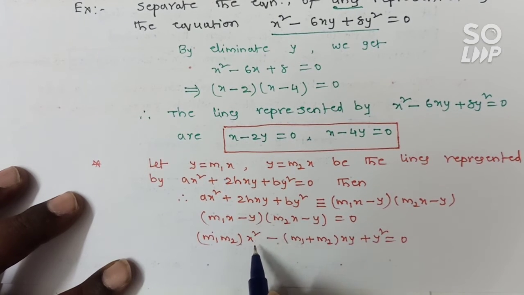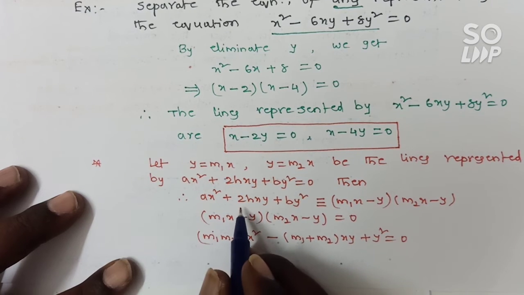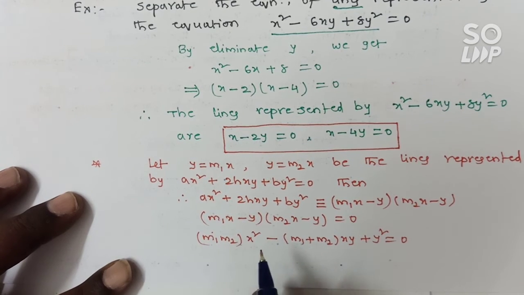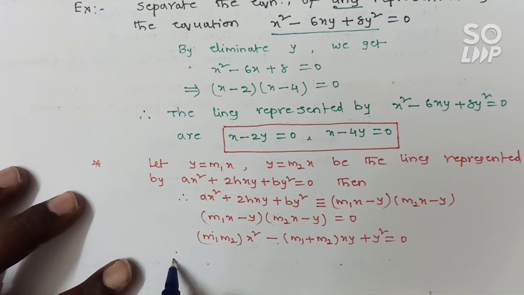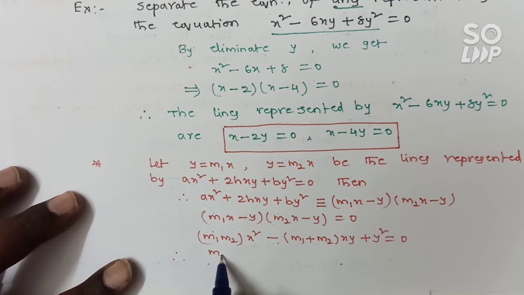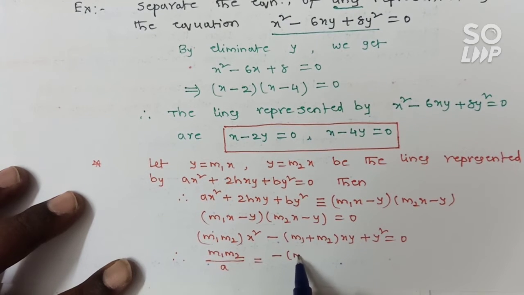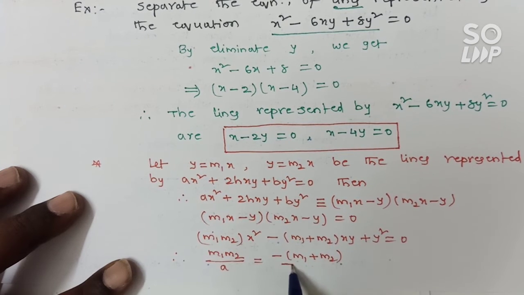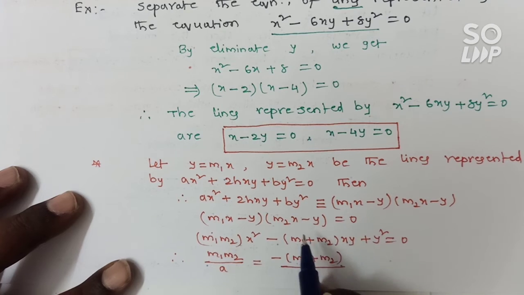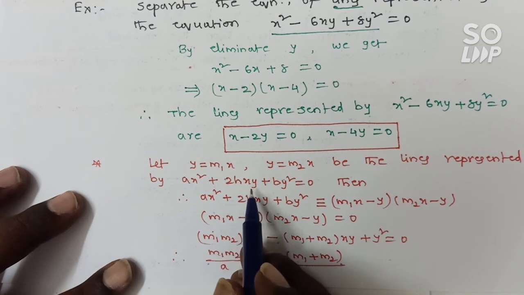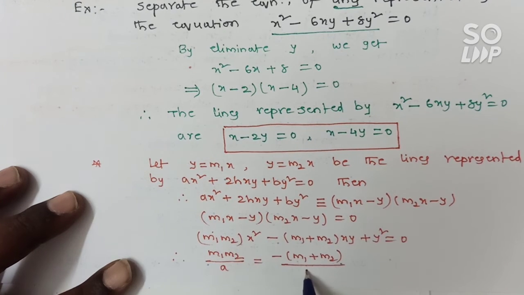When two equations are identical, the ratios of their corresponding coefficients are equal. Therefore you can write m1 m2 by a is equal to minus of m1 plus m2 whole divided by, here this is the xy coefficient. What is the xy coefficient in the given equation? 2h is equal to 1 whole divided by b.